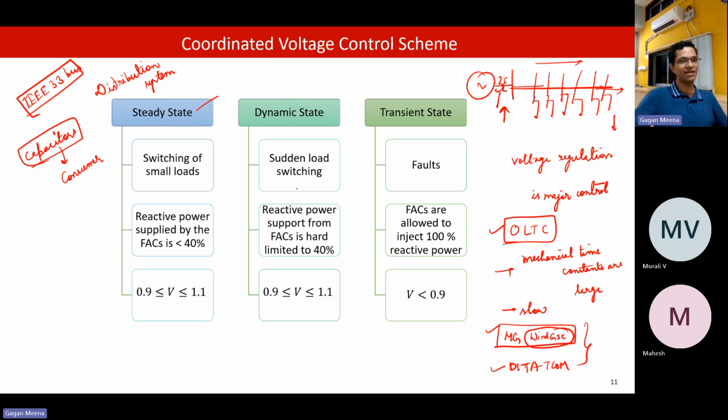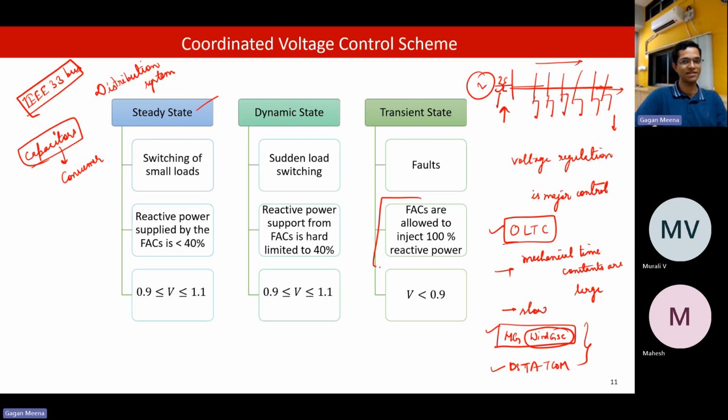In dynamic state, there can be sudden load switching. And here the reactive power support is limited to exactly 40%. Then there is the transient state. Here faults are there. In case of fault, the voltage will suddenly dip to a very small value.